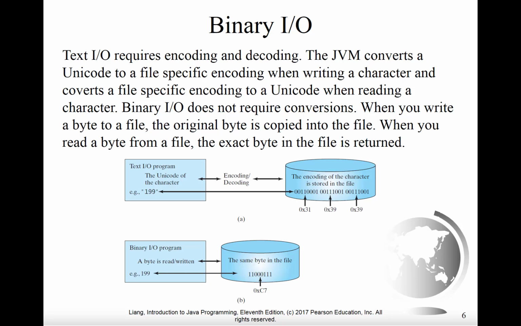You actually get the number 199 to the far left of diagram B. So in other words, 199 is 0xC7 in hexadecimal, or in binary it's 11000011. I guess the important thing here is to notice that in diagram B, no conversion is necessary. The byte that you have is the byte that goes out to disk. Whereas in diagram A, when we're dealing with text I/O, there has to be an encoding and a decoding when you're reading to and writing from disk.